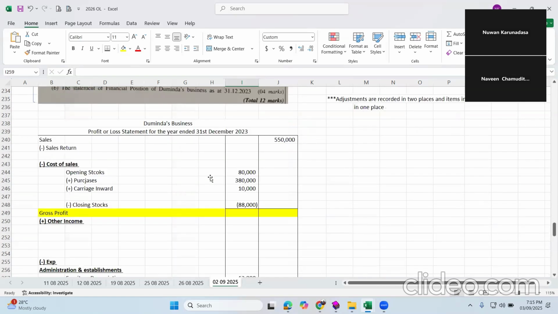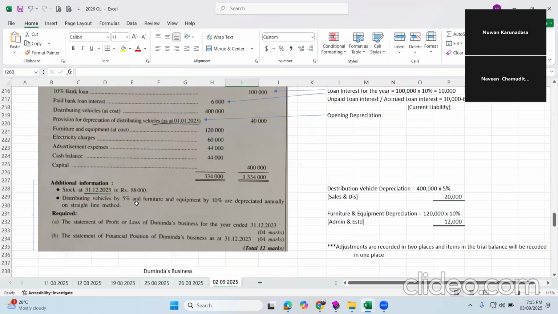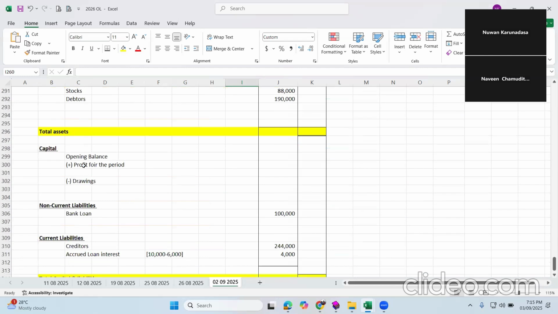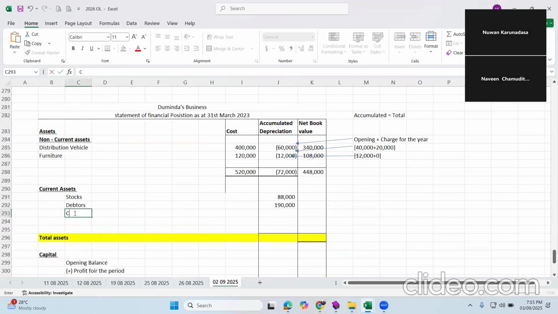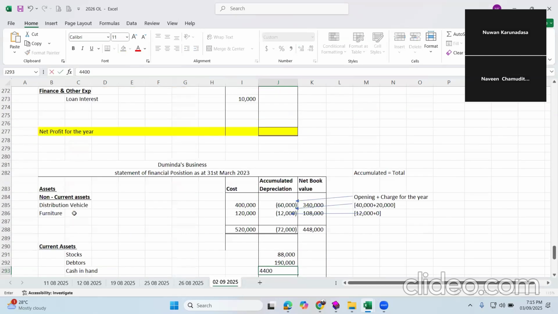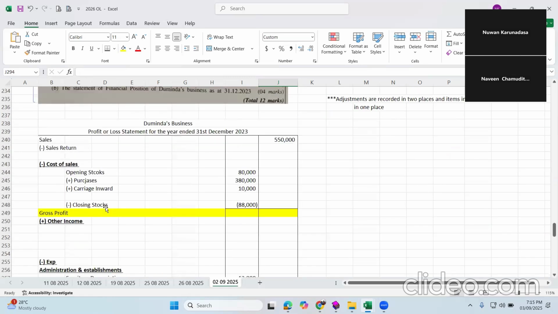Then advertisement 44,000, selling and distribution expense. Then cash balance is a current asset. Here under current assets, cash in hand, 44,000. Cash balance 44,000.